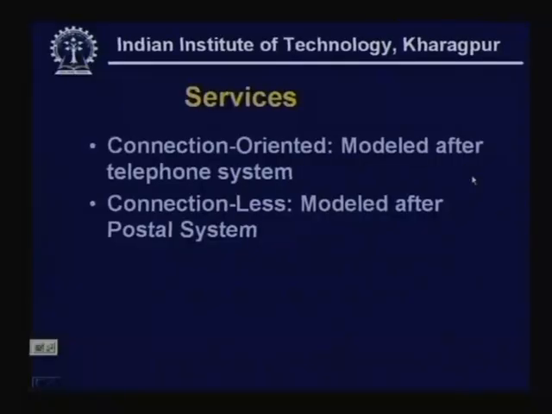Then the postman collects the letter from the letter box, puts it in a bag, and sends it to the distant place. There another postman will open it, and by looking at the address, he will deliver it. So, it can be connection oriented or connectionless. Later on we shall have examples of the connection oriented and connectionless services used in different applications.